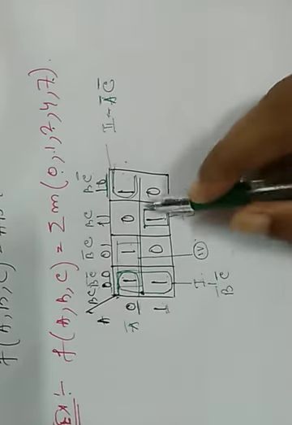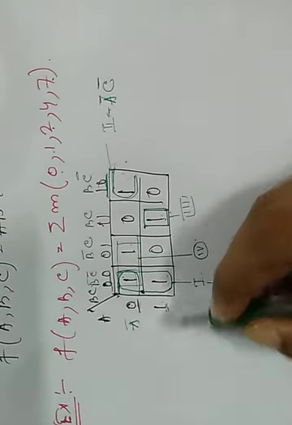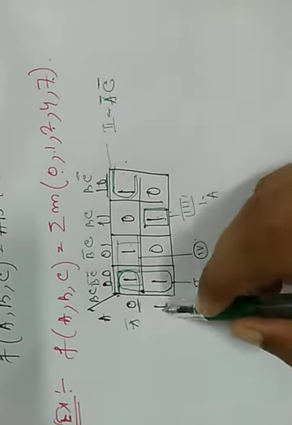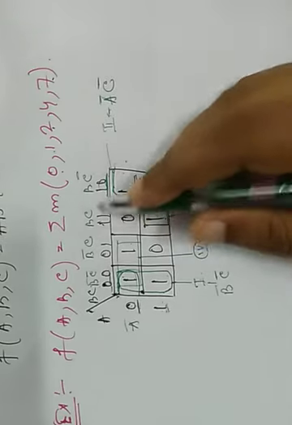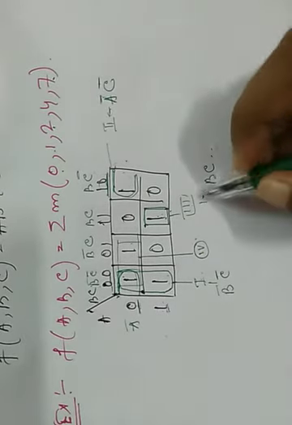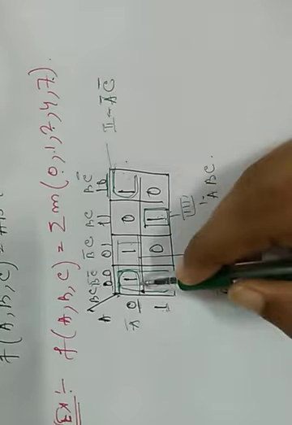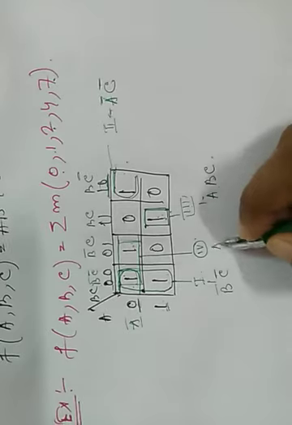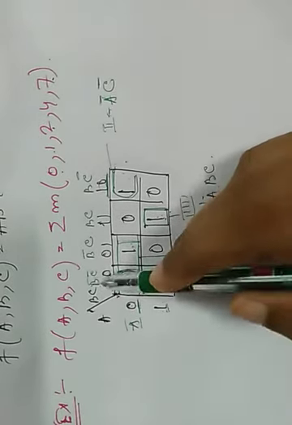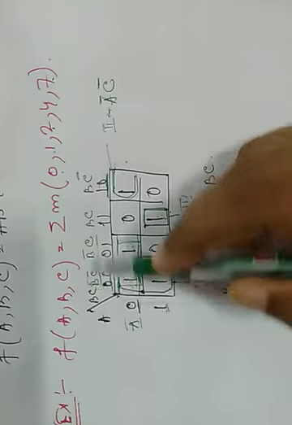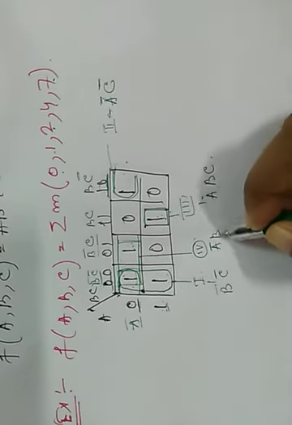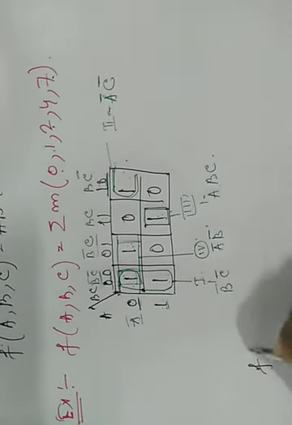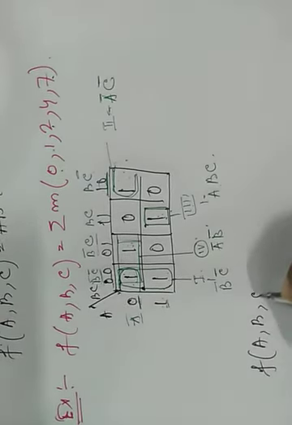For the third value, it is a single value, so it is A B C that should come into consideration. And for this circle, for row A bar, and for column you can consider these two values, so B bar is common, this is for B bar.